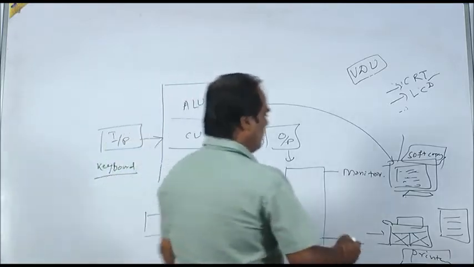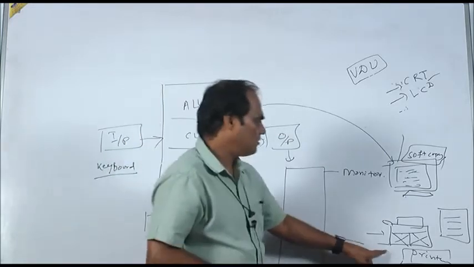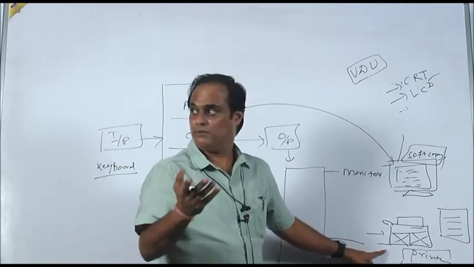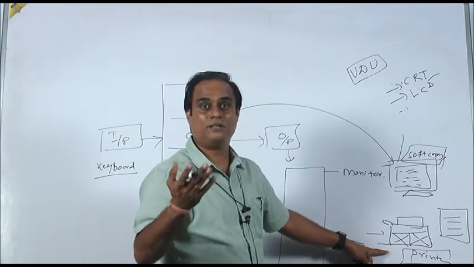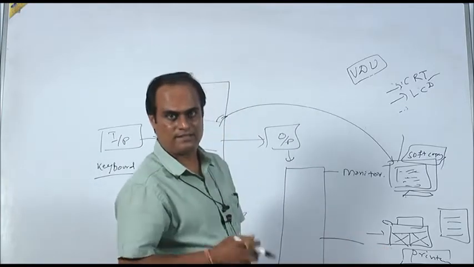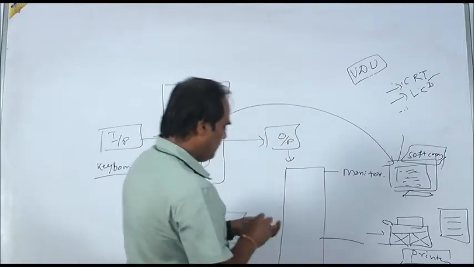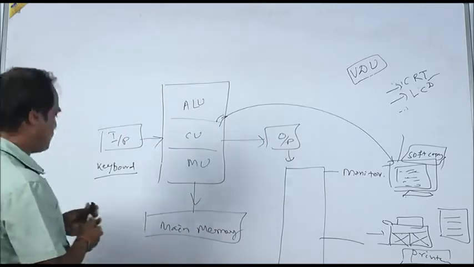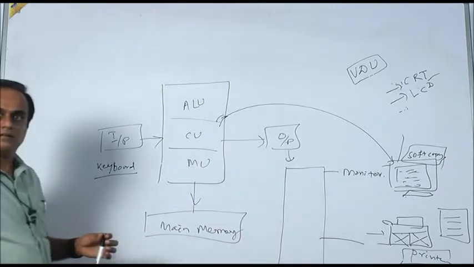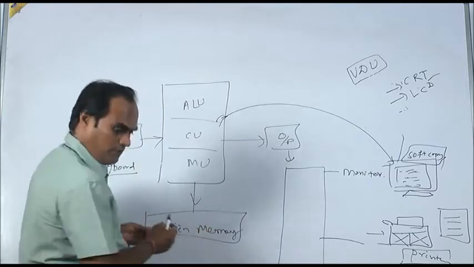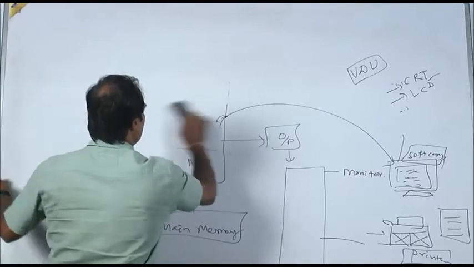Next, I have already explained the printer, yes or no. I told you the printer is the universally accepted output device for getting the result in hard copy, yes or no. Accordingly, when the printer started, it started with different types of printers.